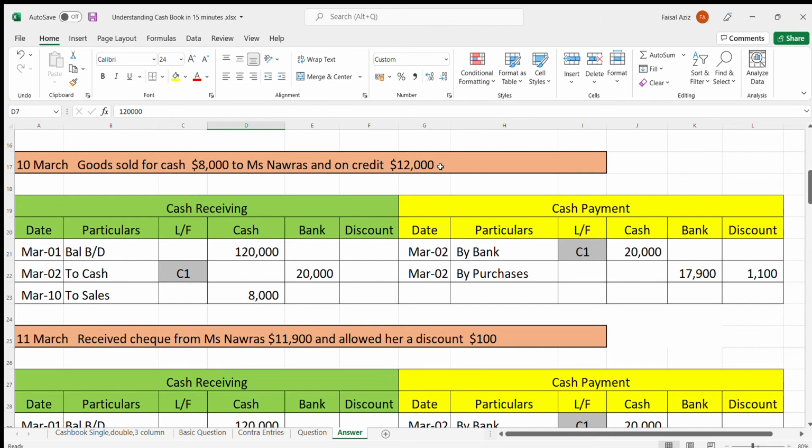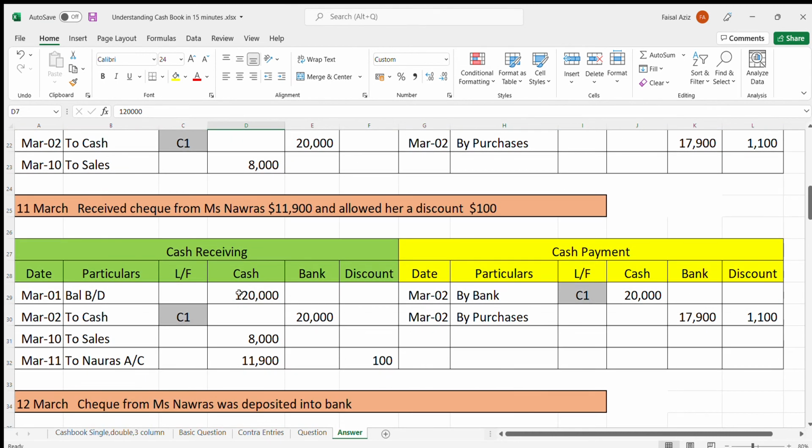We will consider only transactions that relate to actual cash receipts or actual cash payments. So this transaction is tricky. It mentions goods sold for cash 8,000 to Miss Marwa and on credit. The credit part I am not considering. I will consider only goods sold for cash. So here I will mention 10th of March, to sales, 8,000.